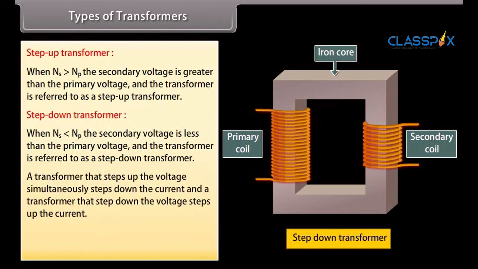A transformer that steps up the voltage simultaneously steps down the current, and a transformer that steps down the voltage steps up the current. IS by IP is equal to VP by Vs is equal to Np by Ns.